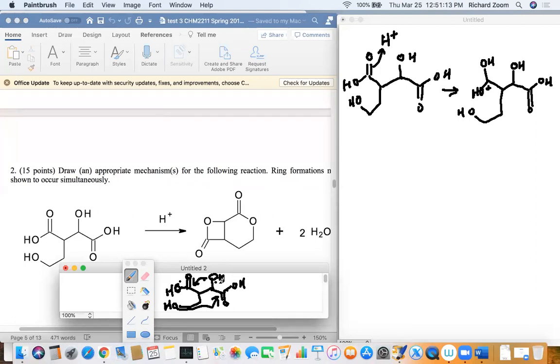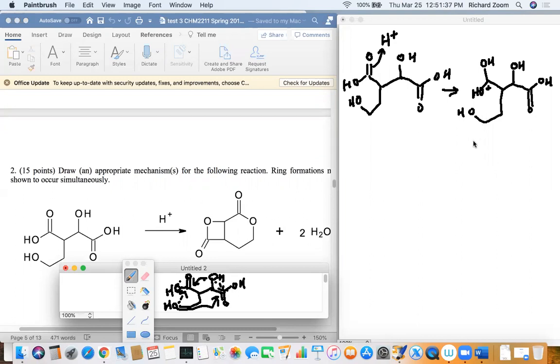And I'll put the little dotted lines in for the other possibility if it didn't happen. That would form a separated ring system. So the dotted arrows there form the separated ring, and this one forms the fused ring that we have here as the product. I hope that clears things up.